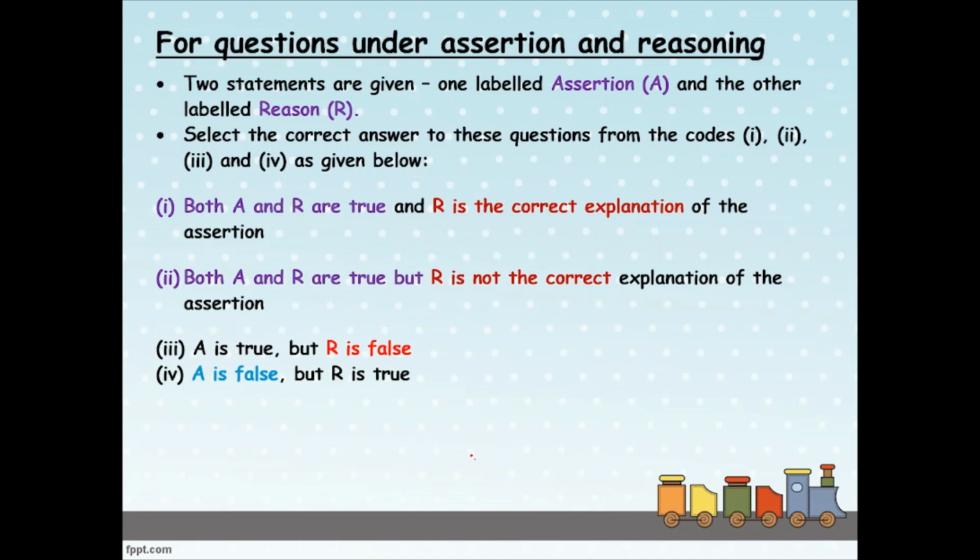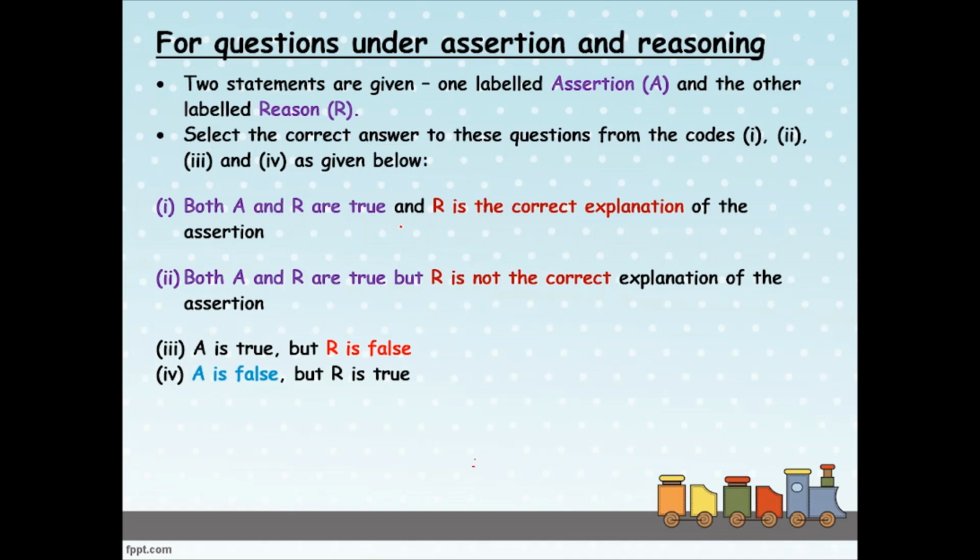In assertion and reasoning questions, you will be given two statements. One is an assertion, another is a reason. For that, four options will be given. Option 1 will be both A and R are true. A means assertion, R is reason.